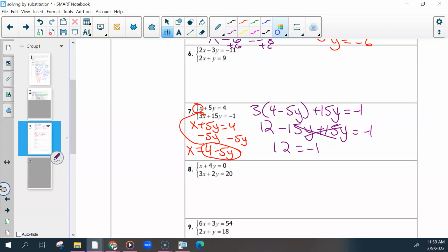It's not 1 because we don't have variables. Think about your types of solutions. Which one would that be? So when your variables cancel, you're either going to have no solution or infinitely many.